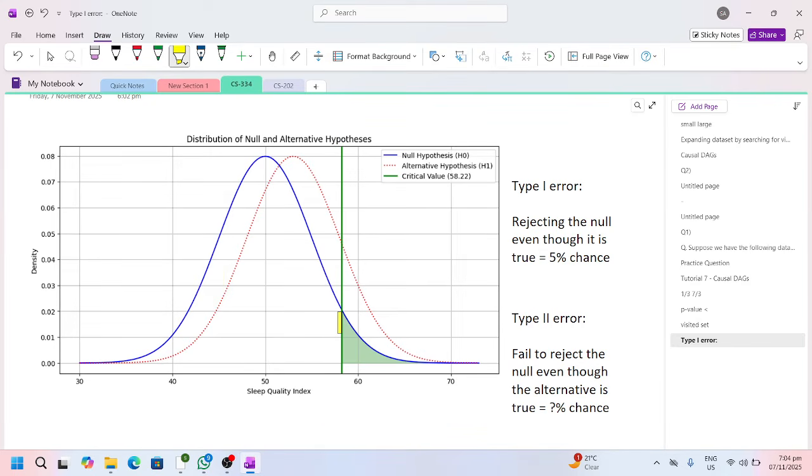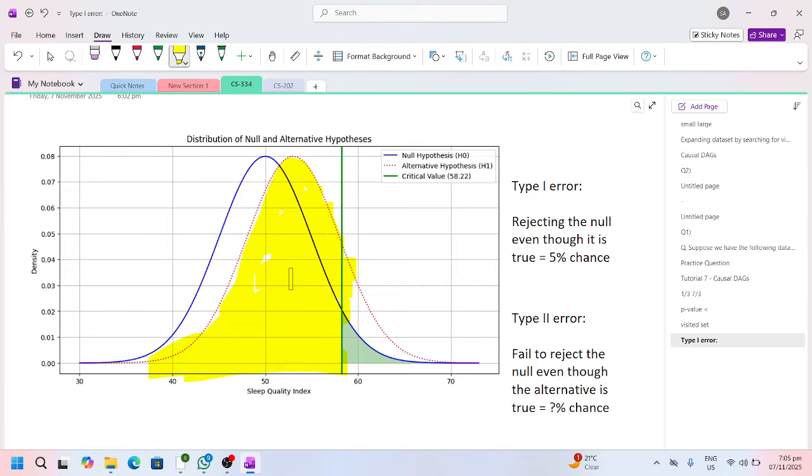When will I fail to reject the null hypothesis? In this particular region. So of course अगर इस green line के critical value के लेफ्ट के ऊपर मेरी ऑब्जर्व्ड स्टेटिस्टिक की वैल्यू आती है, if it is in this yellow region, then I will fail to reject my null hypothesis, right?